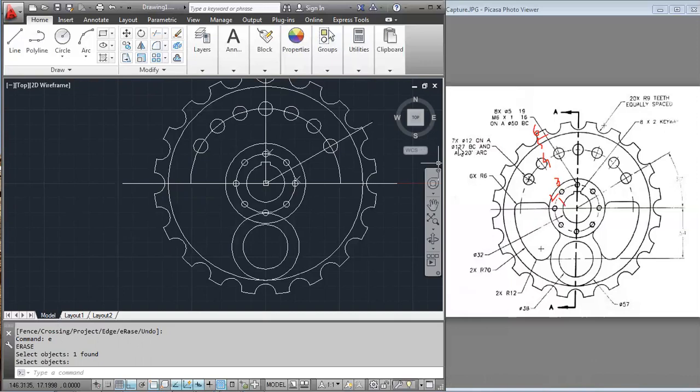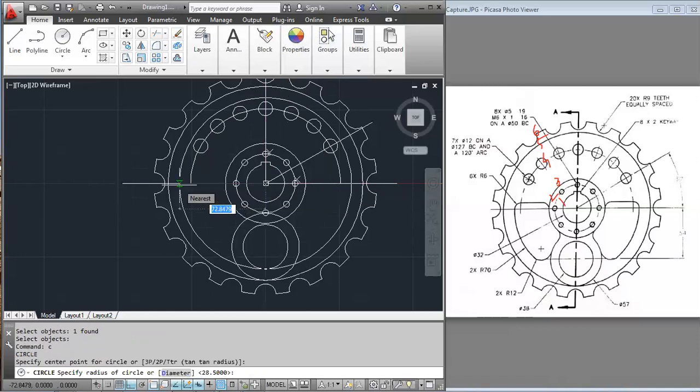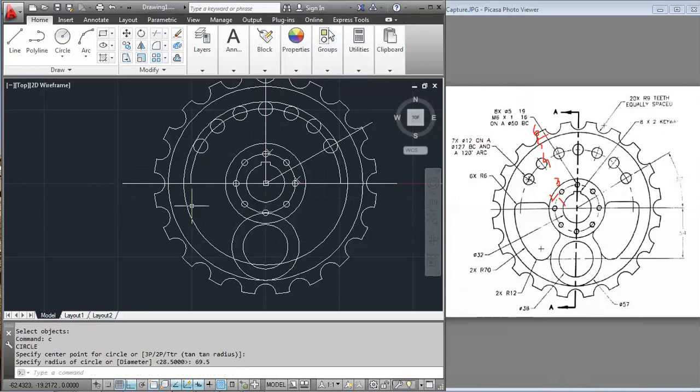Half of this 127 is 63.5. So 63.5 plus 6, that would be 69.5. All right, so I'm just taking another circle. Let that be 69.5, or I could go up to 70 as well, right? So this is done as well.